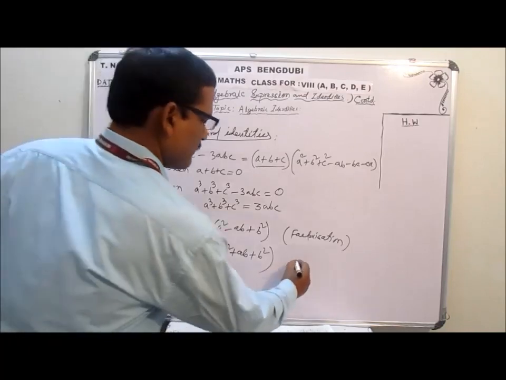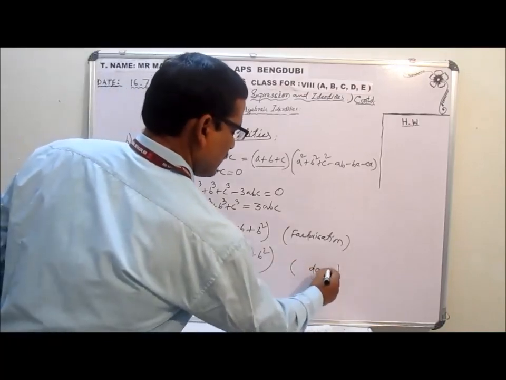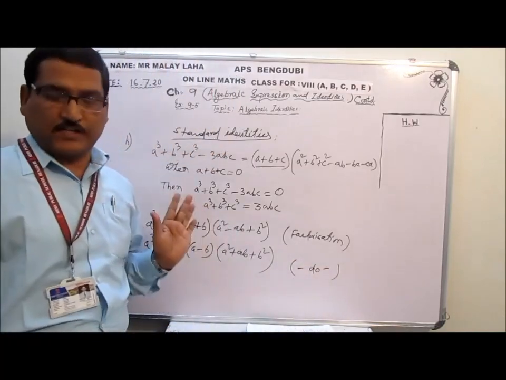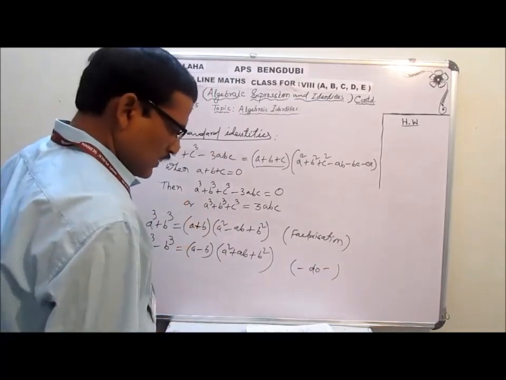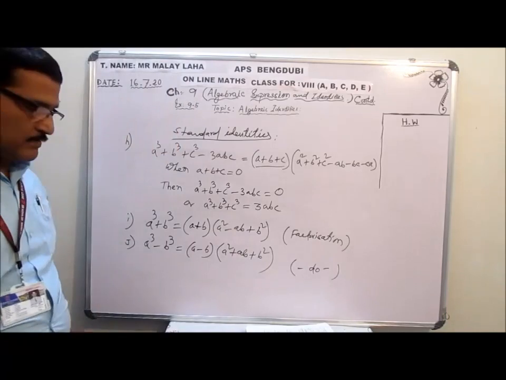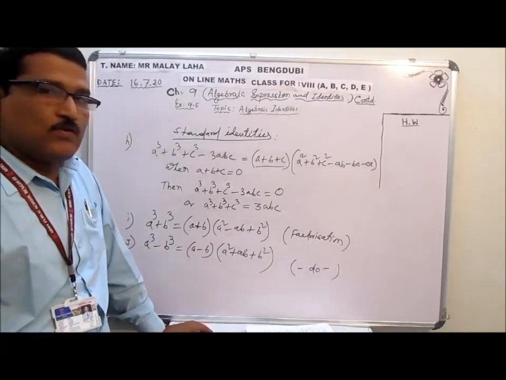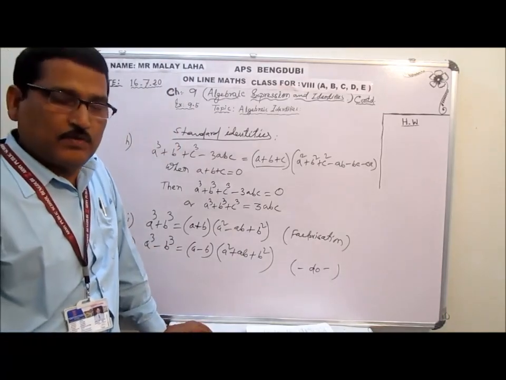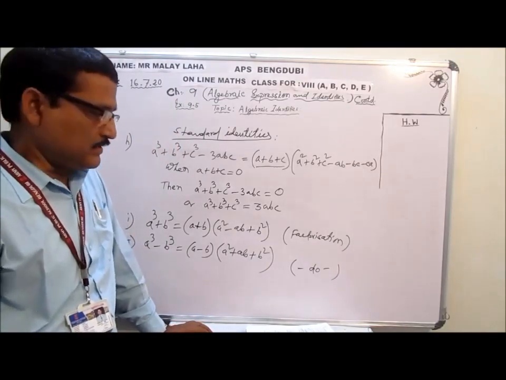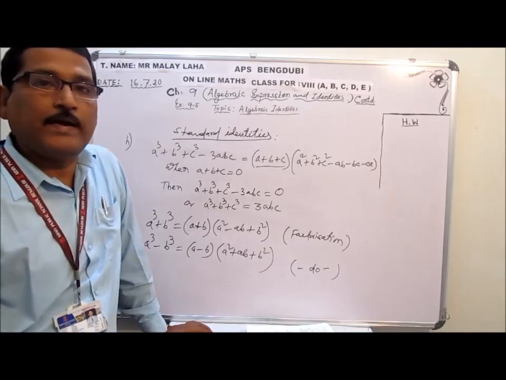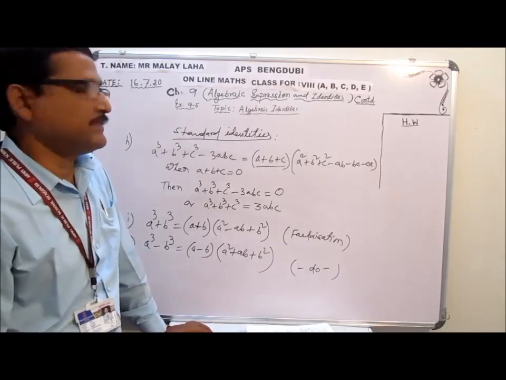You have to remember these two, we apply them in case of factorization only. Clear? So these are the identities. Basically, out of these, the first four we have to use, and others are only to memorize.